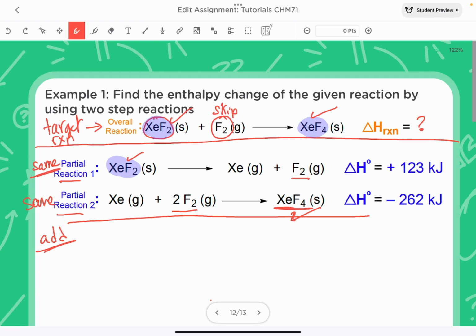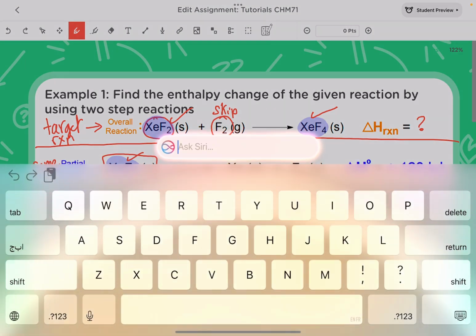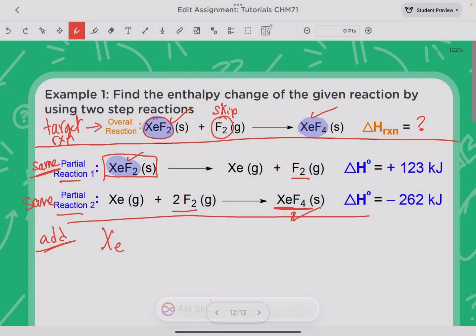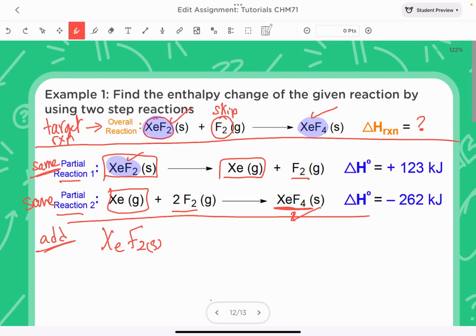So here XeF2 adds up. Now, xenon and xenon from both sides will cancel out. They don't add up, they cancel out because one is a reactant and one is a product.